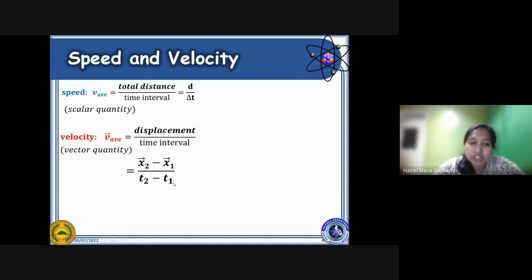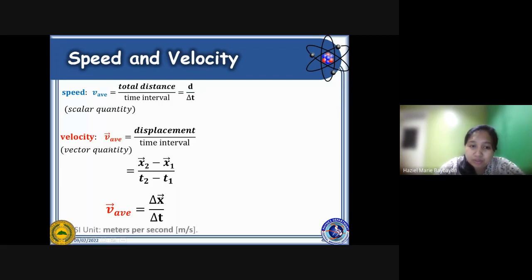So that is for the velocity. Velocity is actually defined as the rate at which an object changes position with respect to time. We can have the average velocity, which is equal to this one. Average speed, and then we have the average velocity.